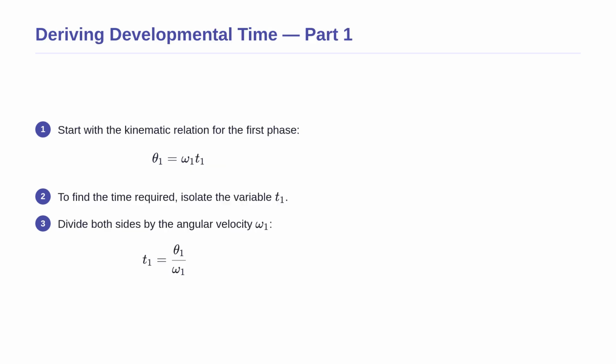Now that we have used the formula to find the total time, let us understand the algebraic reasoning behind those calculations. We started with the fundamental kinematic principle that angular displacement equals angular velocity multiplied by time. To find the time for the first phase, we must isolate the variable t1.